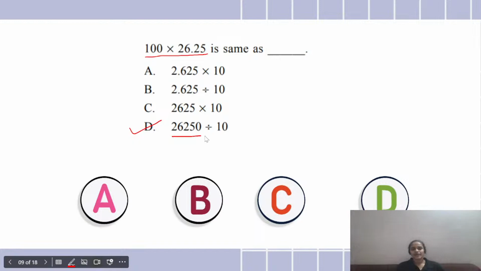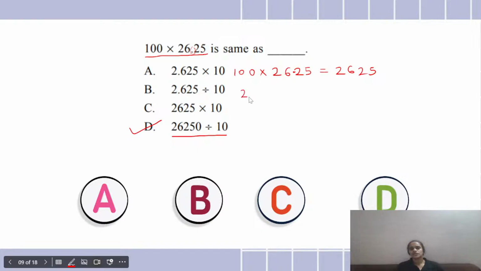When I say 100 multiplied by 26.25, that gives me the answer 2625, because if I multiply, my decimal goes off. Let me write it down over here. So this equals 2625.